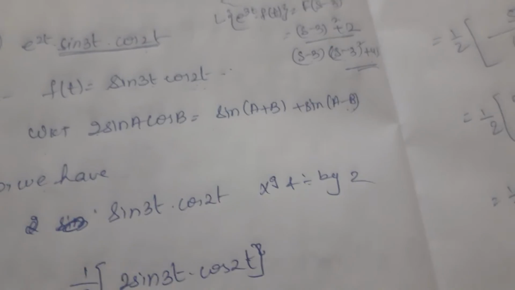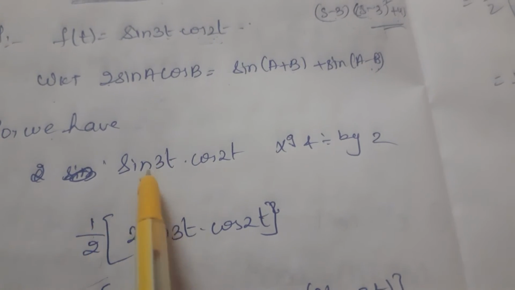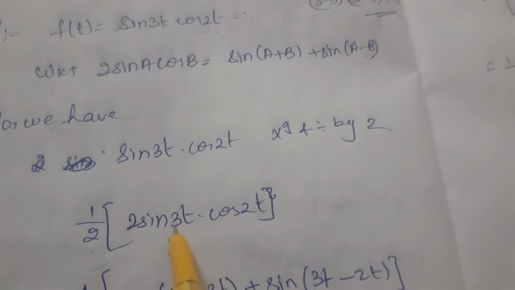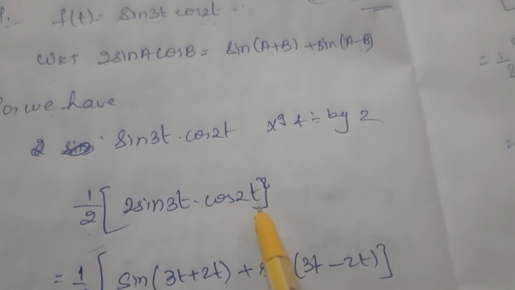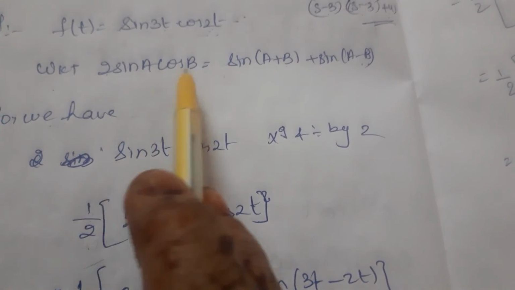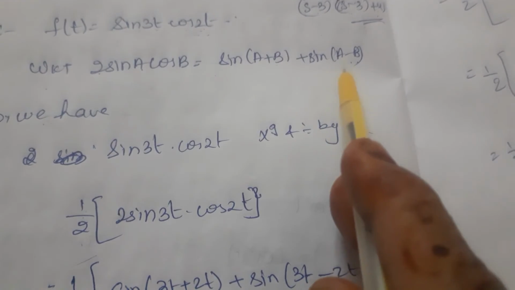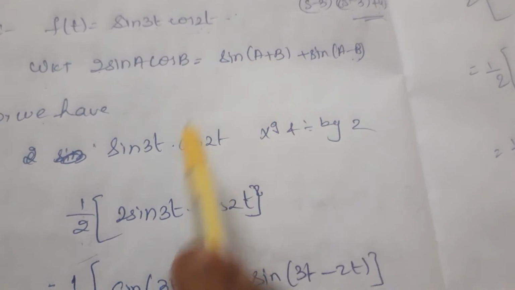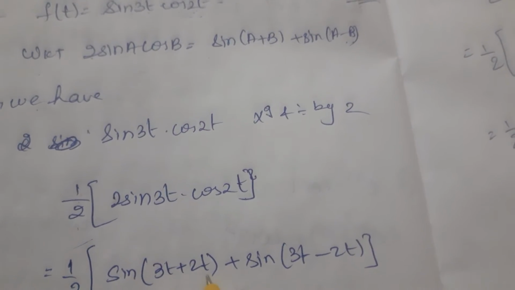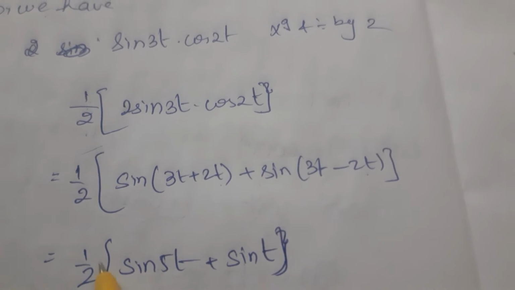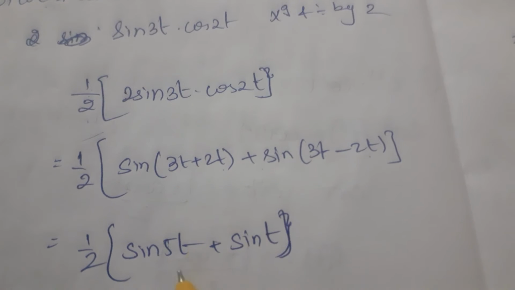So we multiply and divide this term by 2: 1 by 2 into 2 sin 3t cos 2t. Now it is in the form of 2 sin a cos b. Writing in this form: sin (3t plus 2t) plus sin (3t minus 2t). What I will get here is 1 by 2 sin 3t plus 2t, which becomes 5t.